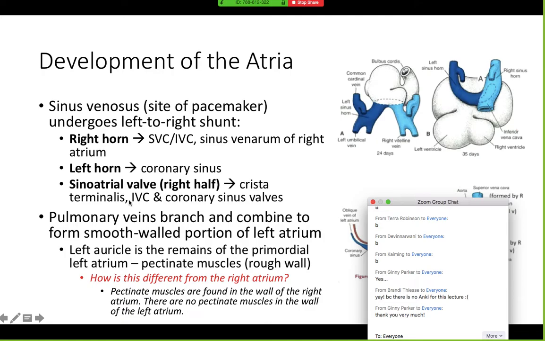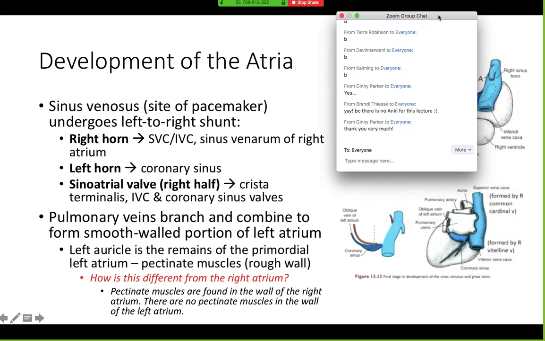And then the right half of the sinoatrial valve forms the crista terminalis, also contributes to the IVC and the coronary sinus valves. If he was going to ask you anything, it's probably going to be the right or the left horn. So just think about which side of the heart these structures are located on. So obviously, superior vena cava is on the right side, and then the sinus venarum, that smooth wall of the right atrium, on the right side. Coronary sinus is on the left side.